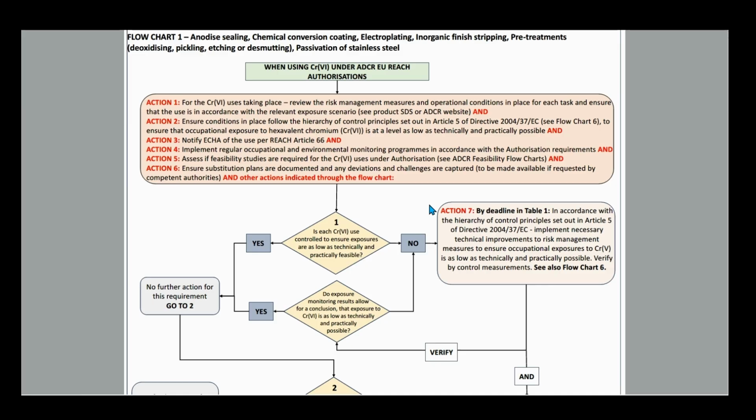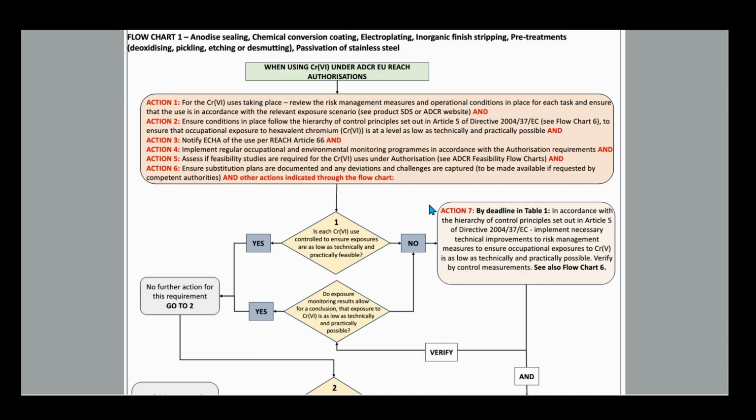Under the European REACH authorization regulation, you must comply with the hierarchy of control principles set out in Article 5 of the CMRD. This means you have to implement the necessary technical improvements to the RMMs and OCs to ensure that the occupational exposure to hexavalent chromium is as low as technically and practically possible.